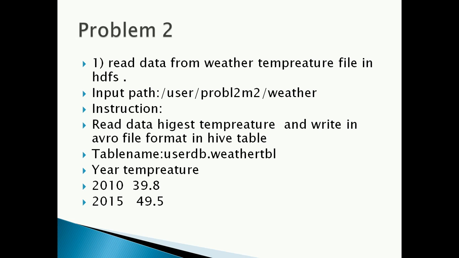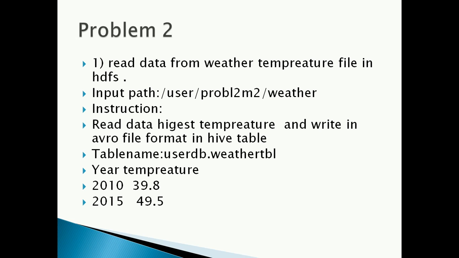In this question the data you have to write in a Hive table, so create these two fields and then write the data. Otherwise, if you write with saveAsTable, the schema also goes, and the same table names, column names and types it will create.